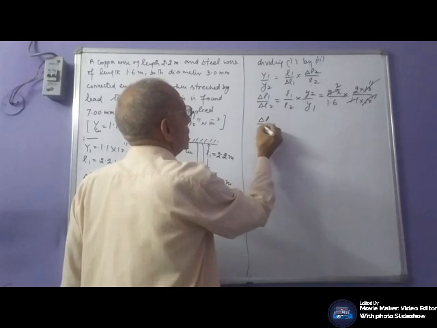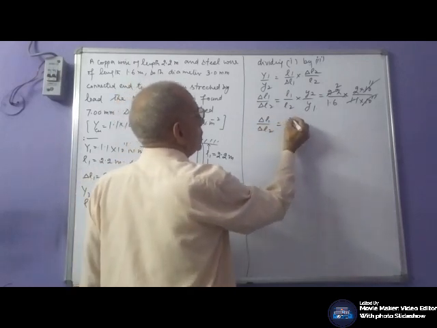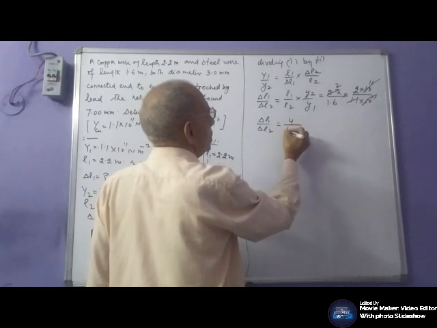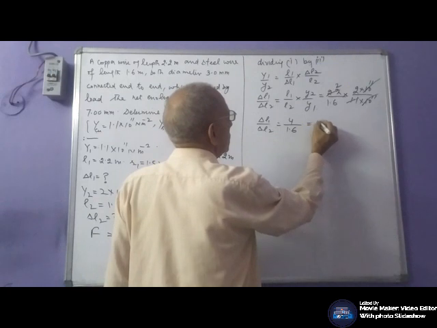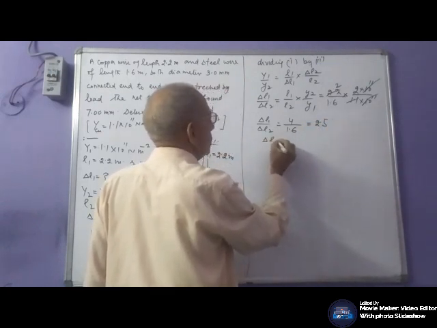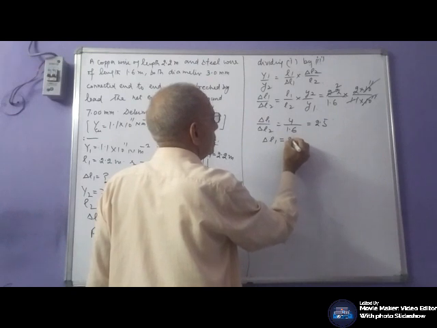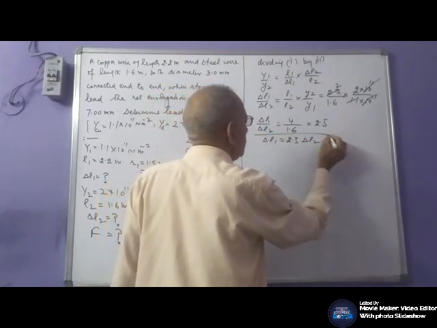Delta L1 by delta L2 it is 4 by 6, or delta L1 is 2.5 delta L2.